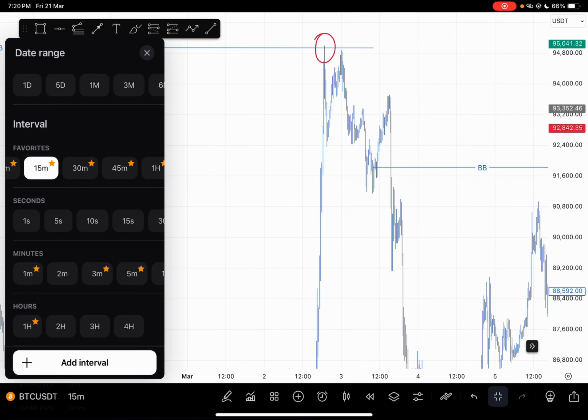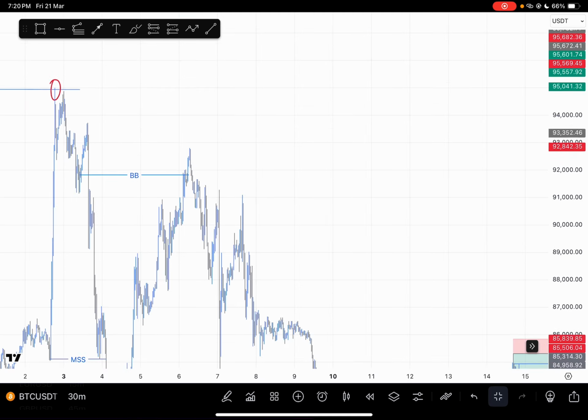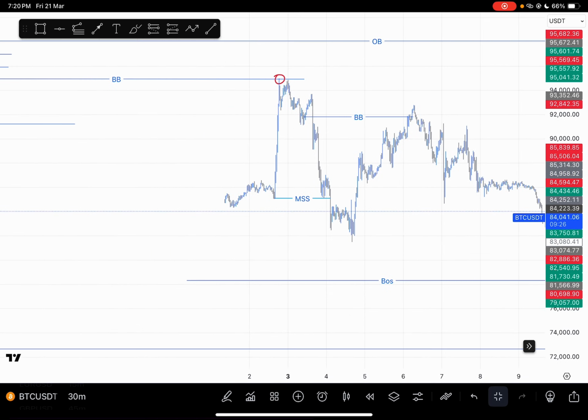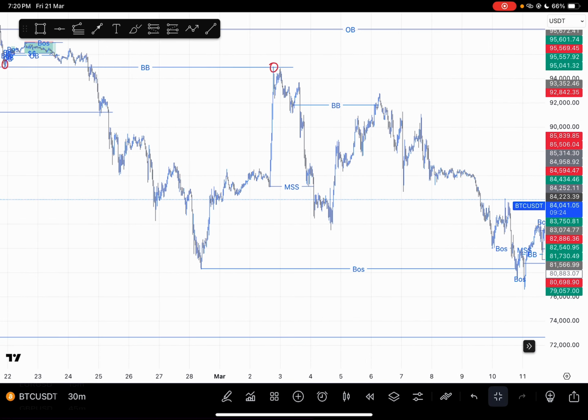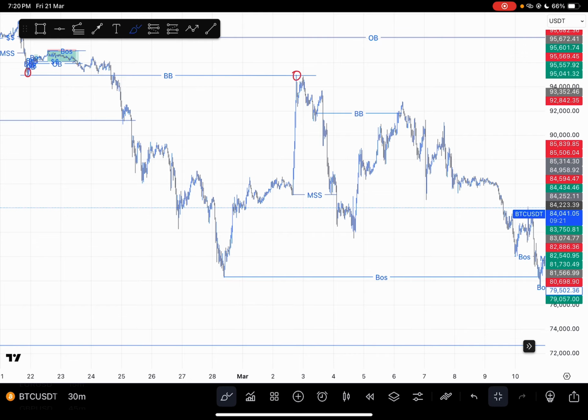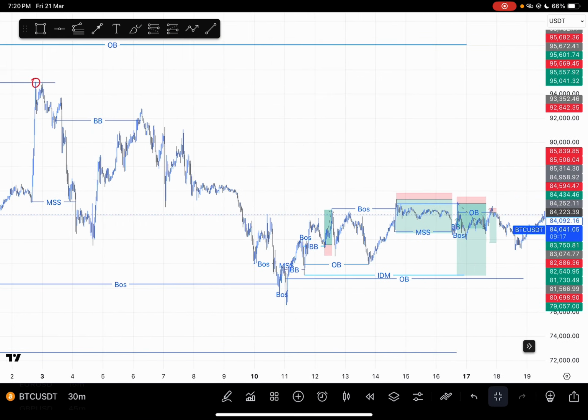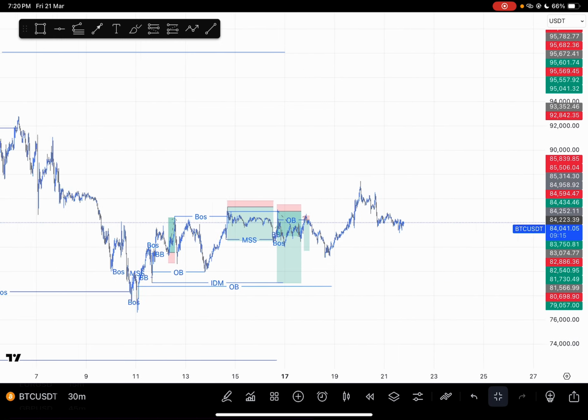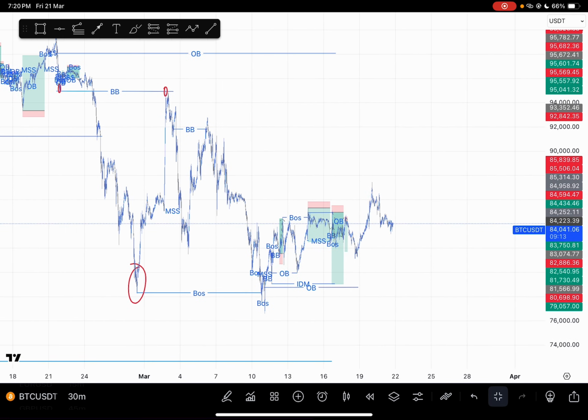So let's go back to the 30-minute time frame. Price mitigated that, came down, took out this previous low, creating a breakout structure at that point. So what are we expecting price to do from this point? Remember, price will first of all use the breaker block before going back to use the order block.